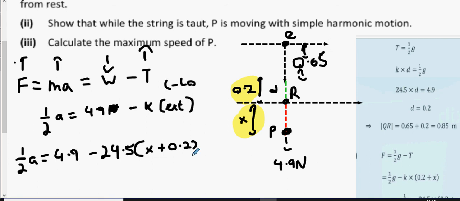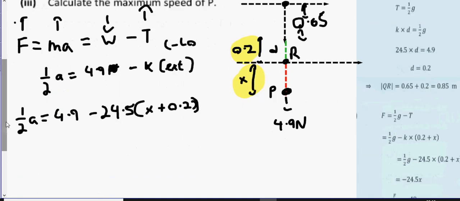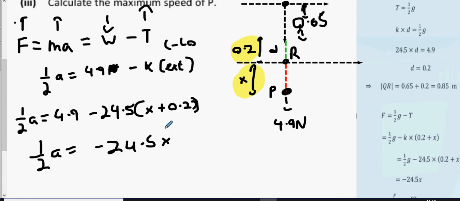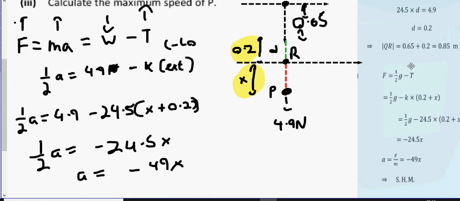What has to happen? What's guaranteed to happen? Those two 4.9s are going to cancel, aren't they? They will. And you'll end up with a half a equals minus 24.5x. And then you'll end up with a equals minus 49x. And that, my friends, is an omega value of 7.